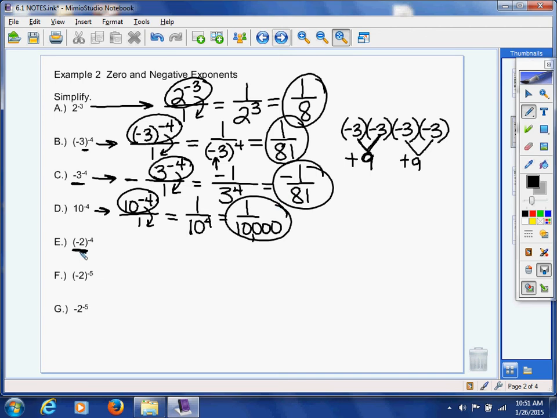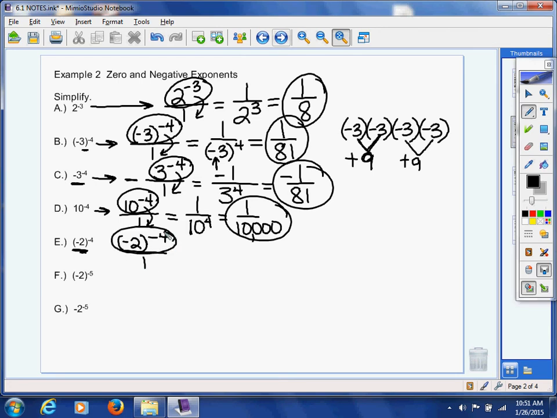All right, E is very similar to what we did back up in B. E is the integer -2 raised to the -4 power. So I'm going to leave those parentheses around the -2. Remember, just visually think of it as, oh, it's over an understood 1.